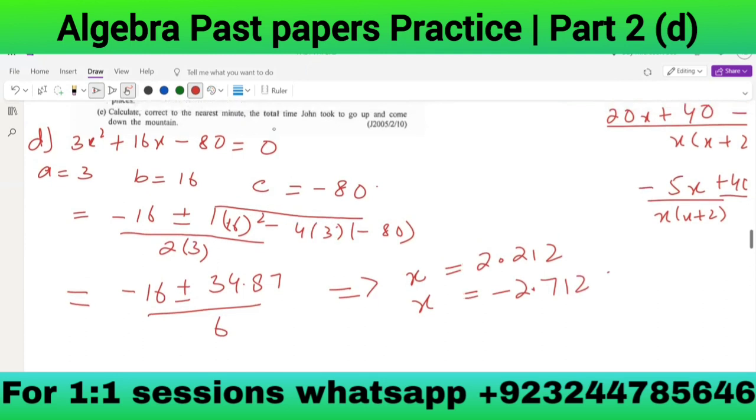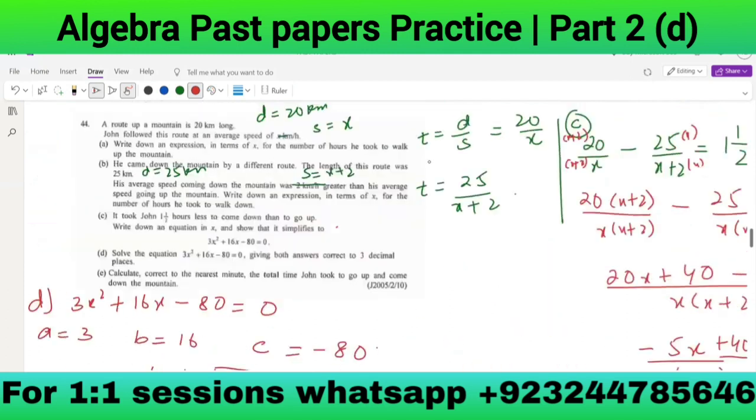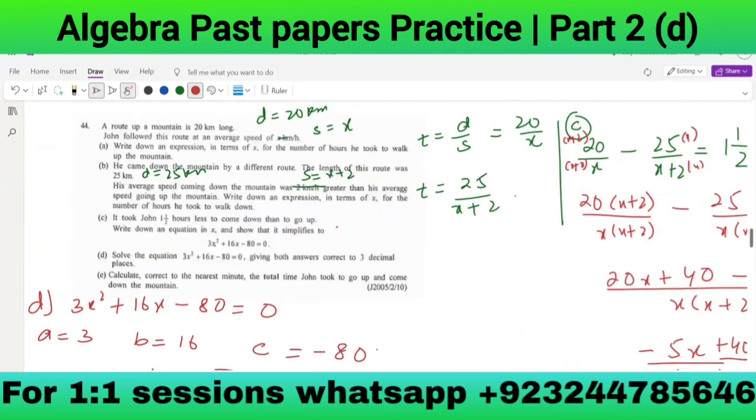Calculate correct to the nearest minute the total time John took to go up and come down the mountain. So the total time was 20 by x plus 25 over x plus 2. And we also get the value of x.